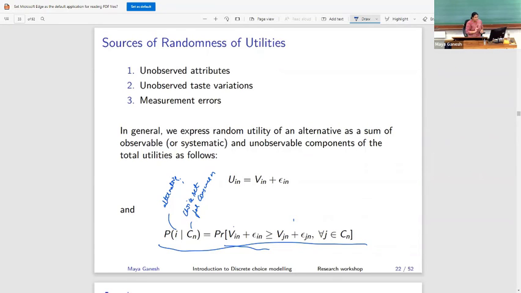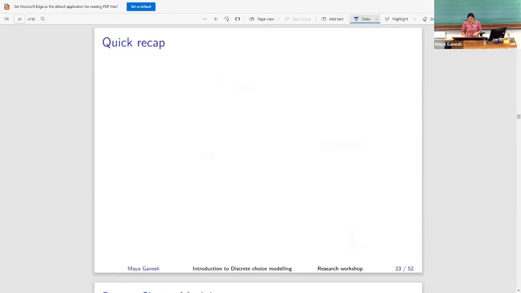Okay. So a very quick recap of what we did. We looked at the concept of a decision maker, and we again said that this decision maker can be at any level. It can be a person, a household, an organization. This decision maker was faced with a set of feasible discrete alternatives, and the decision maker selects the one that yields the greatest utility.